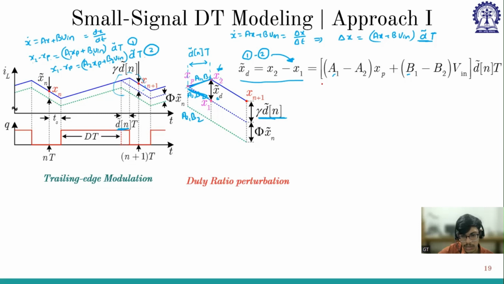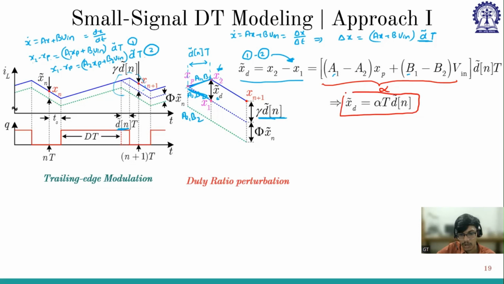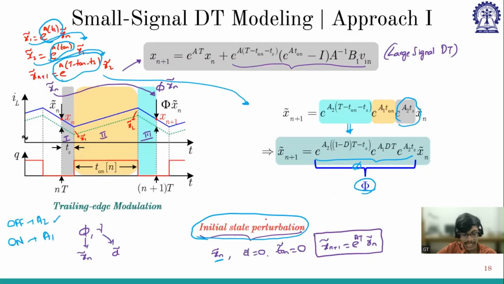Yes. So now I am considering this to be, say, alpha. So alpha into t into d perturb of n. This is the xd perturb. Now from xd perturb, I need to get xn plus 1 perturb. This is just the same thing. Now the duty ratio has changed, just like the previous case, initial state perturbation.